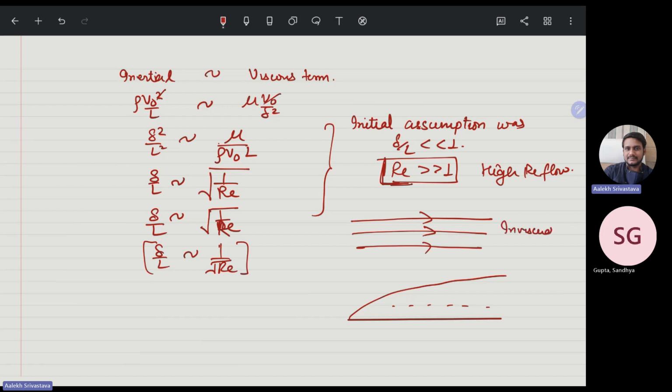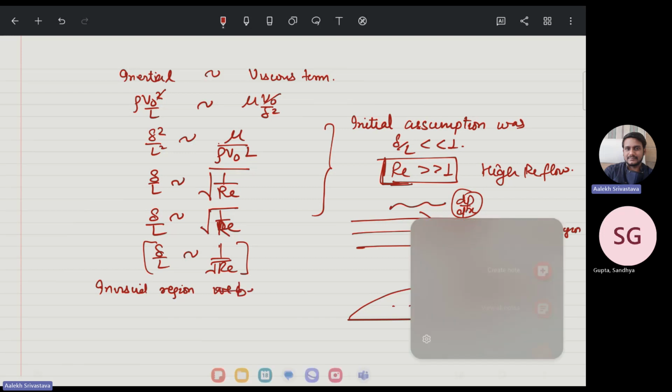So whatever pressure gradient exists along the x direction, suppose dp by dx, you directly superimpose, and you will get that del P by del X term. In the inviscid region, we can apply the Euler equation or the Bernoulli equation.